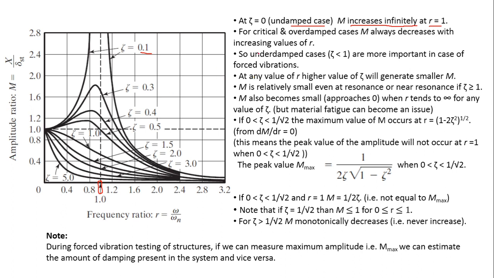You can also observe from these curves that for critical and overdamped cases, m always decreases with increasing values of r. So you see that this curve here is plotted for zeta equals 1, which is critical damping, and all curves below this curve represent overdamped cases, zeta greater than 1, and they all decrease continuously as the value of r increases.